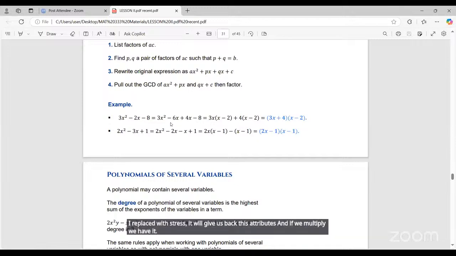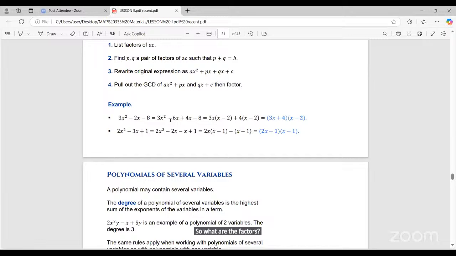So what are the factors? Please, can you quickly explain the previous slide? Minus 6 and 4. Let me finish this one first, then I'll go back. We have 3x squared minus 2x minus 8. So this will give us 3x squared minus 6x plus 4x minus 8.